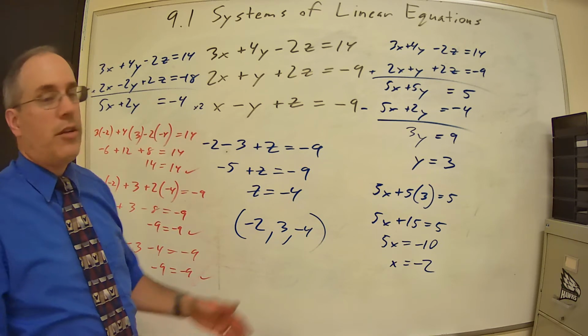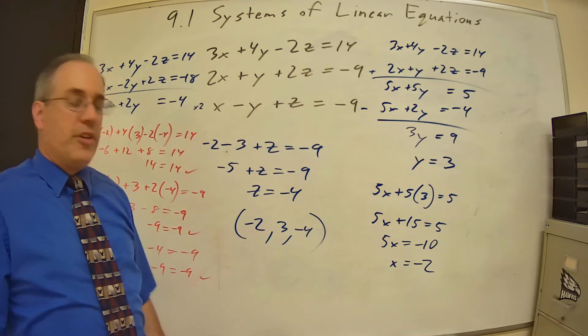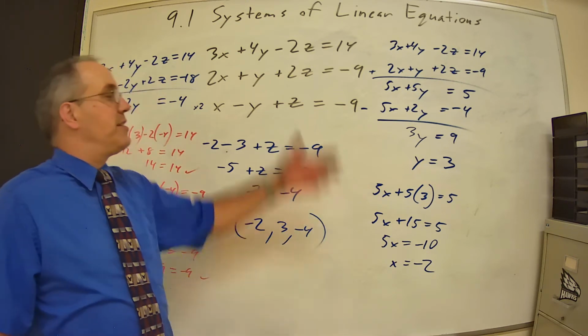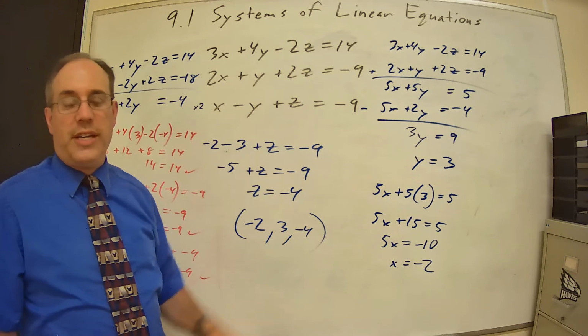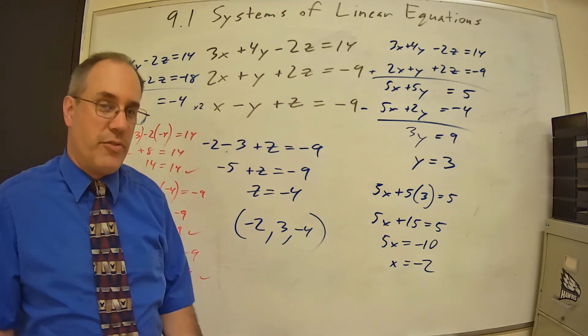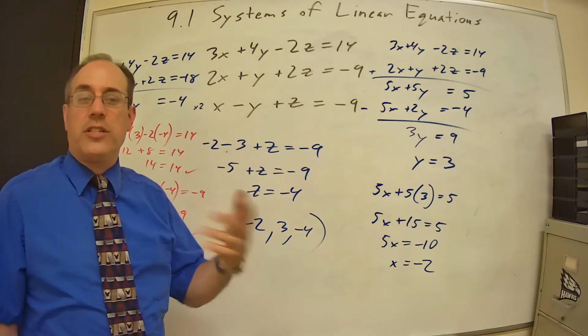So if you have a system of 10 equations with 10 variables, you can do it by taking sets of 2 equations and eliminating the same variable to get down to 9 equations and 9 unknowns. And then using sets of 2 equations to get it down to 8 equations and 8 unknowns.